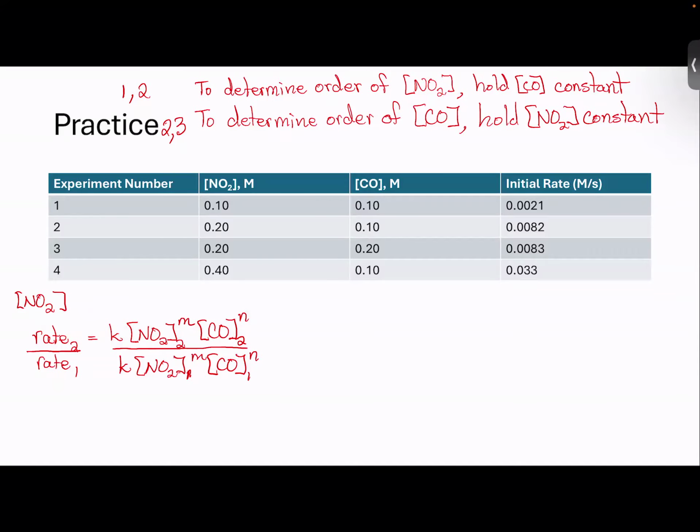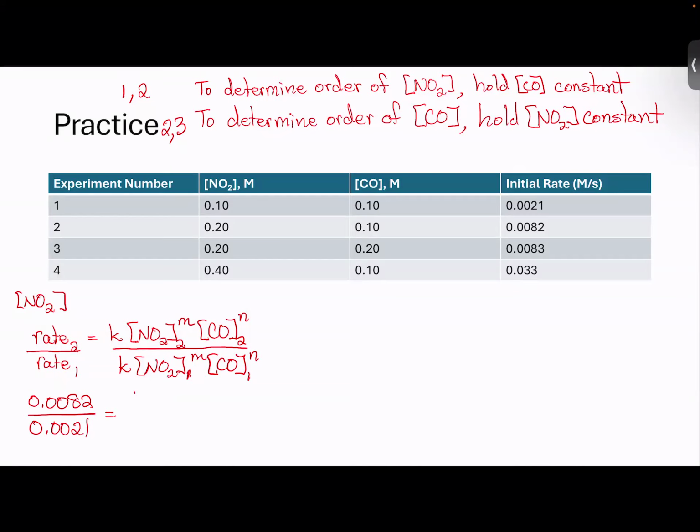Now, plugging in this information, you get 0.0082 divided by 0.0021.